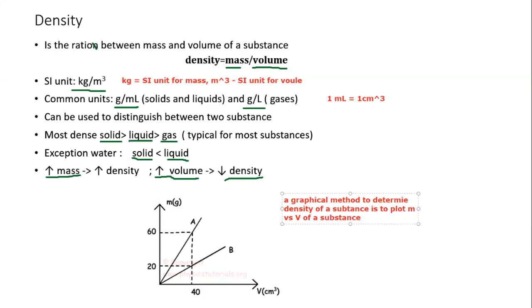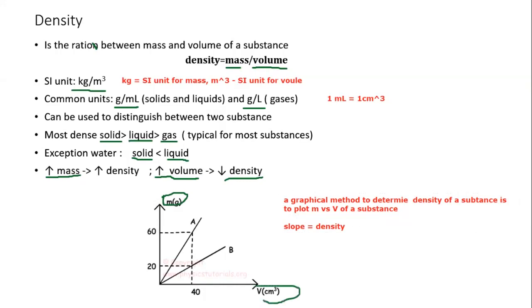And so when you graph the mass of a substance versus its volume, the slope equals the density. So in this graph here, we have mass on the y-axis and we have volume on the x-axis.